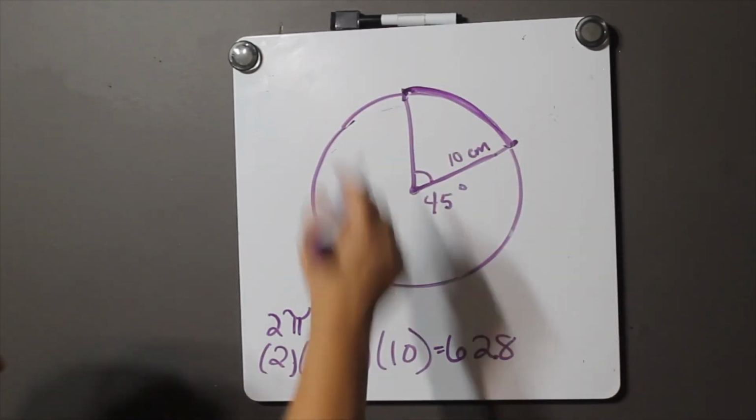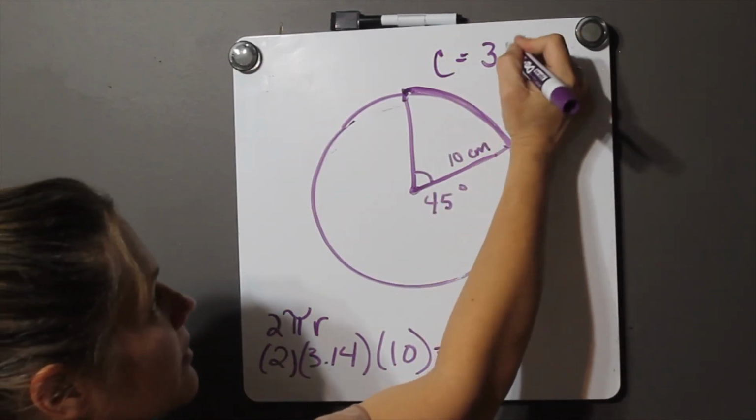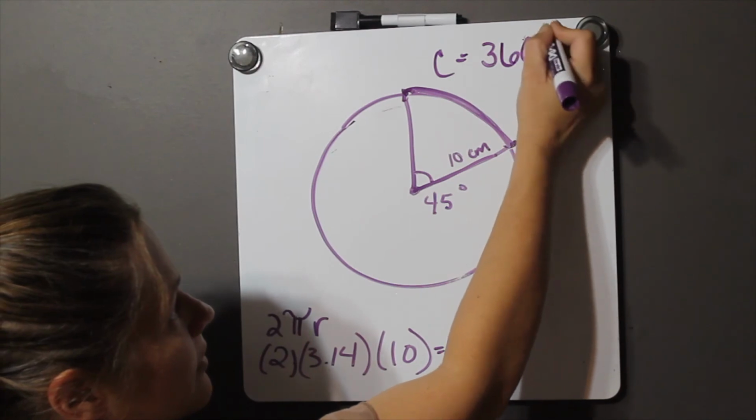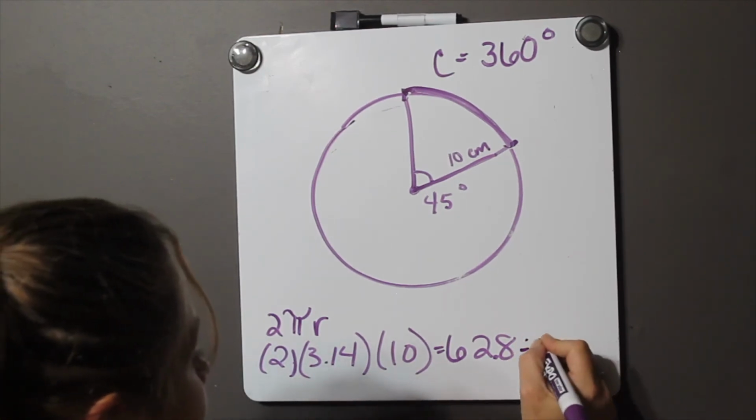So if we know that there are 360 degrees in a circle, we're going to take our 62.8 and divide it by 360. And I get 0.174444. Doesn't matter what you get. You just divide it by 360.